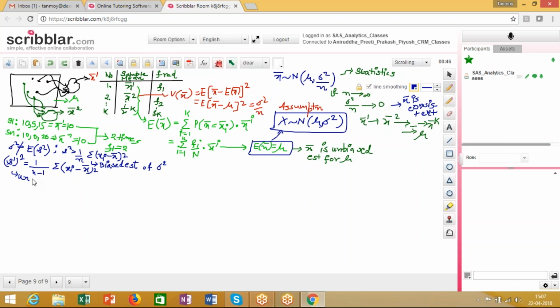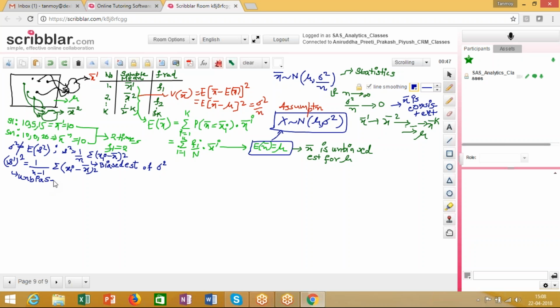When we use Excel functions, you'll see that there are two options for standard deviation. One is STDEV.P, the population standard deviation, which stands for sigma, that is 1 by capital N summation xi minus x bar whole square, and the other is STDEV.S, which is the sample standard deviation.